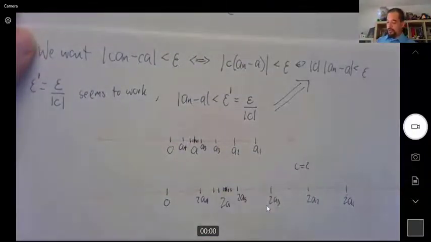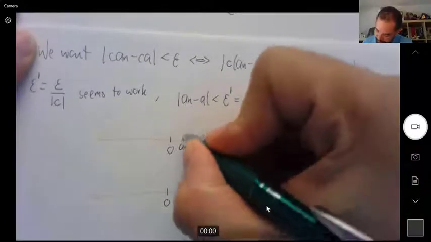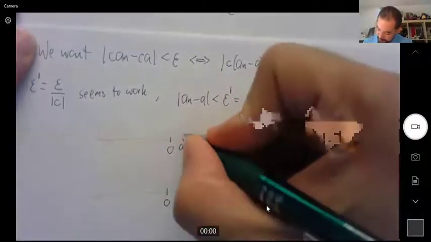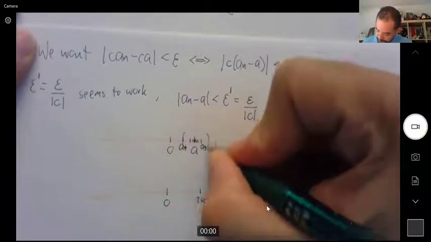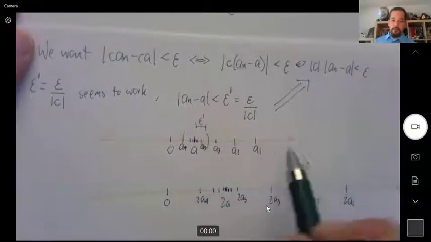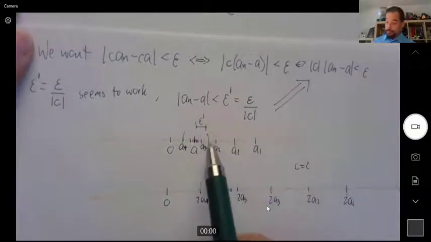So our definition of the limit of the an is telling us the following. It's telling us if you want to get within epsilon, so if you pick an epsilon here, an epsilon prime, I can tell you a capital N prime such that if your index is bigger than that capital N prime, then everyone will lie in here.